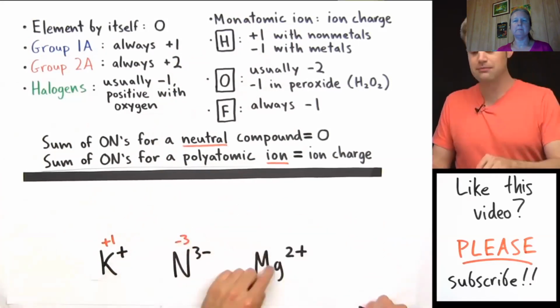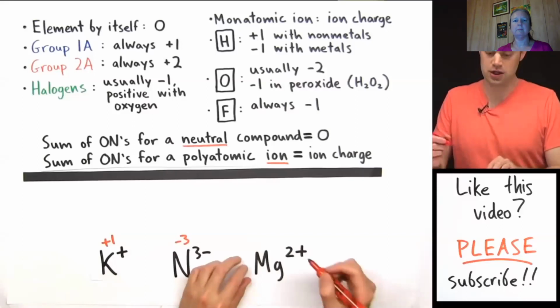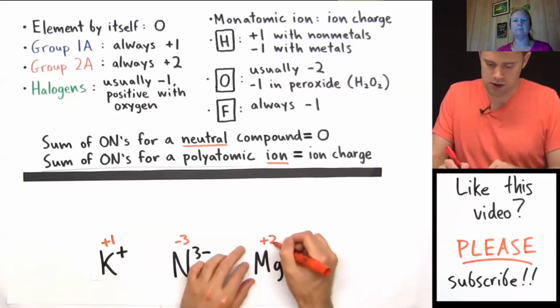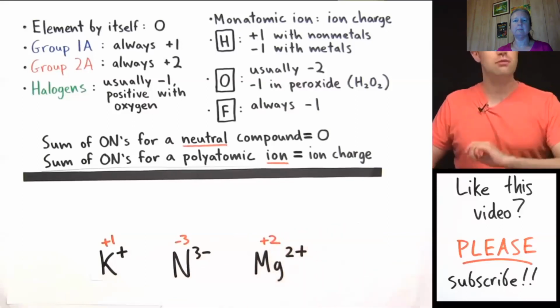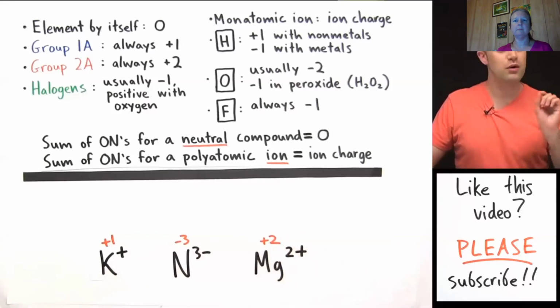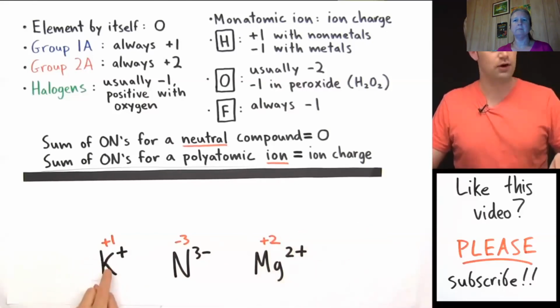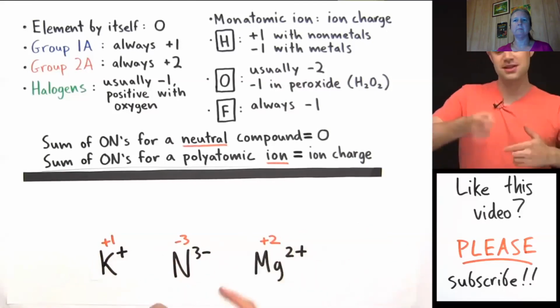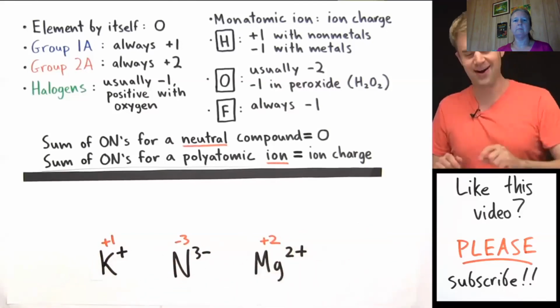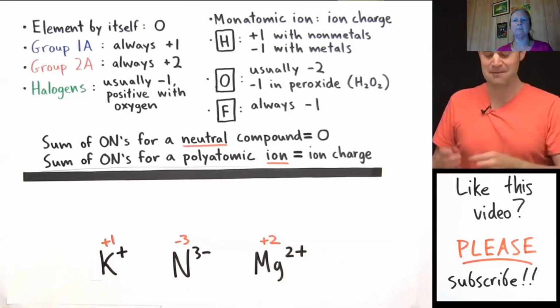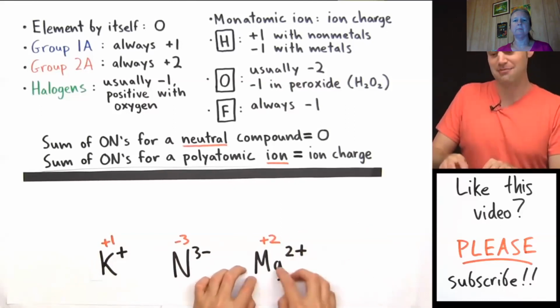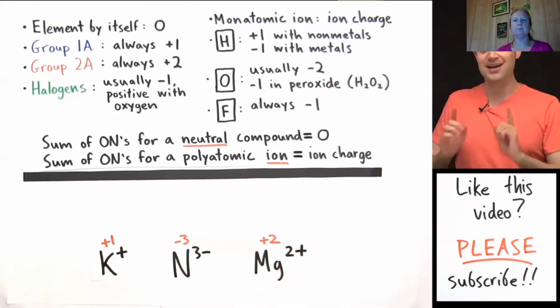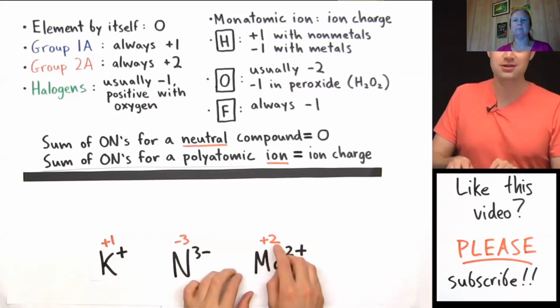And Mg2 plus here is going to have an oxidation number of plus 2. Now keep this in mind. When we write oxidation numbers, we write the sign first. So plus, minus, and then the number after. This is the opposite of how we write ionic charges. So just keep that in mind. The charge might be 2 plus on magnesium, but the oxidation number is plus 2.